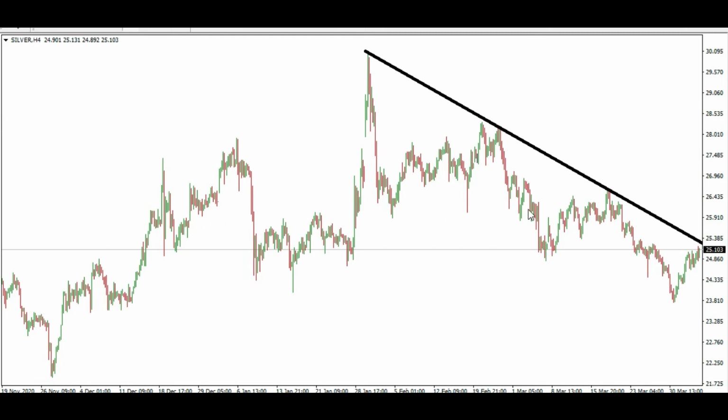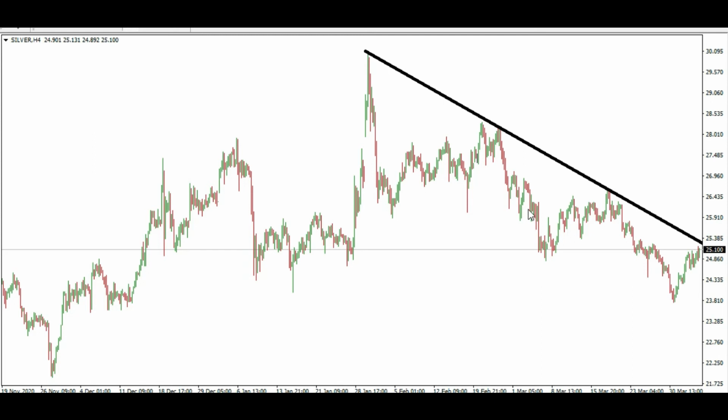If we see that price breaks 25.3, there is a high probability, and if we see, for example, a daily close above this level, it's a situation where we have a breakout and we can make a buy trade for silver and maybe try to achieve 29.